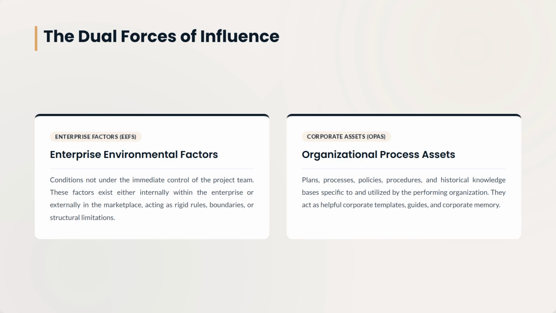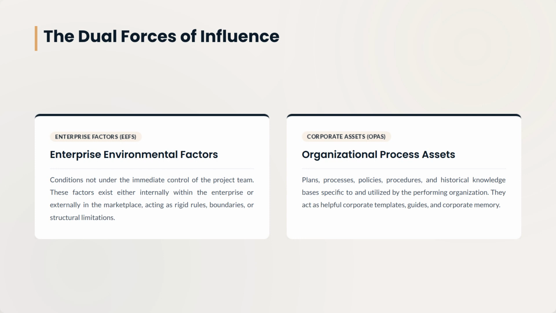The dual forces of influence. In project management, and specifically under the PMBOK guidelines, the environment is divided into two major distinct forces. On the left, we have enterprise environmental factors, or EEFs. Think of EEFs as the rules of the game you have to follow.